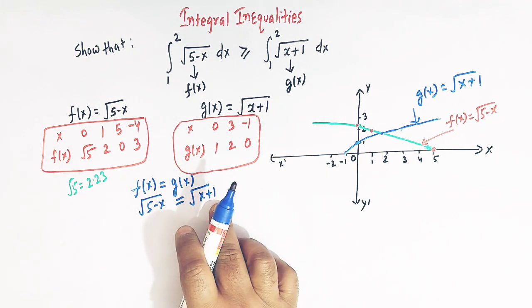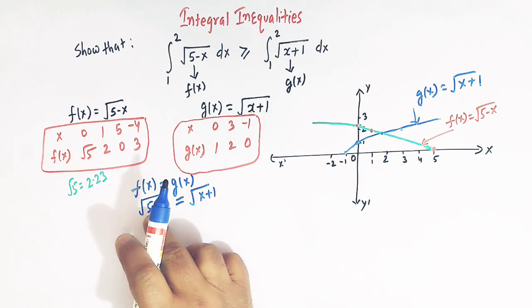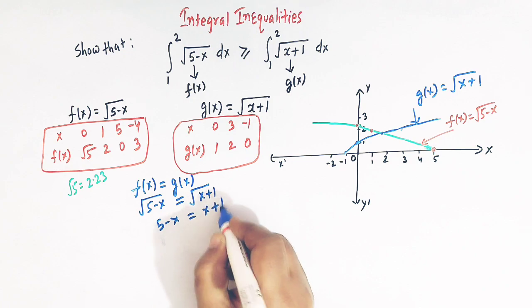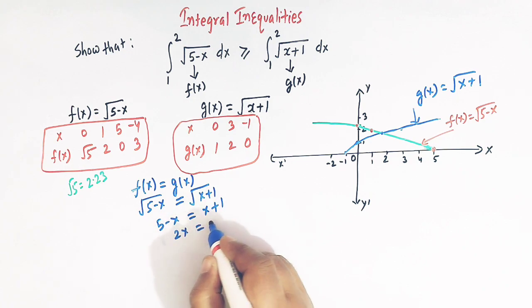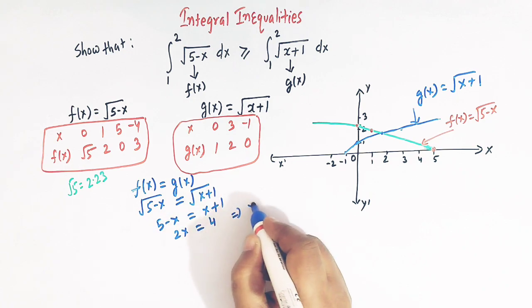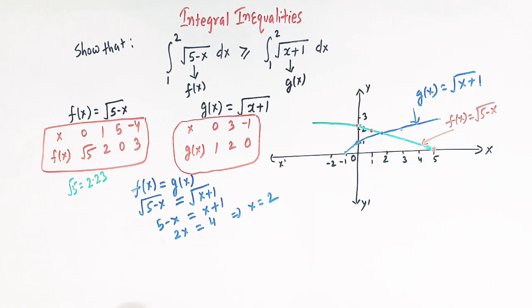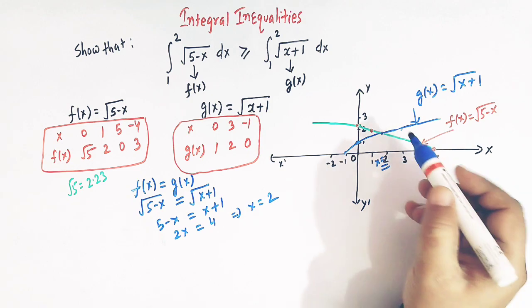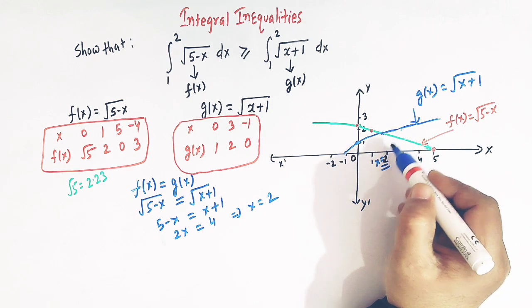So we have an equation here. Squaring both sides, we have 5 minus x is equal to x plus 1. So this is 2x is equal to 4, so x is equal to 2, right? So here we have x is equal to 2. So this is the point of intersection.